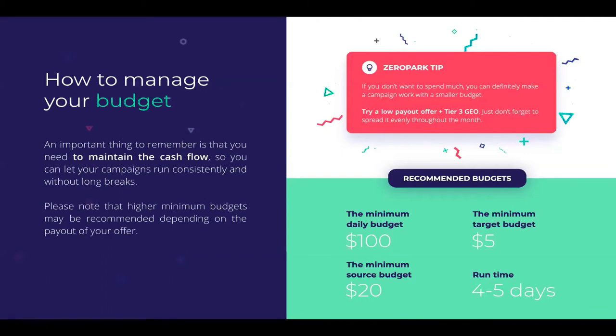This is similar to why we have that minimum daily budget of $100, so that you can stretch the campaign out throughout the week to identify what time of day and what day of the week performs best, so that you have enough data and information to start making significant decisions when it comes to campaign optimization.